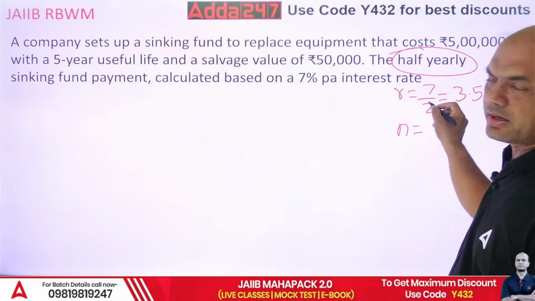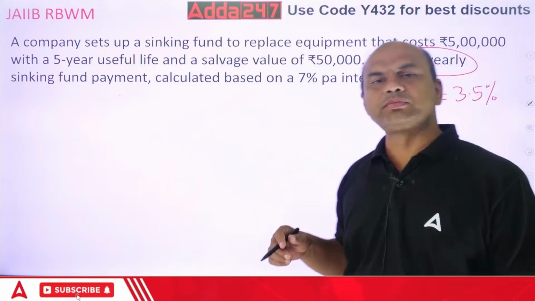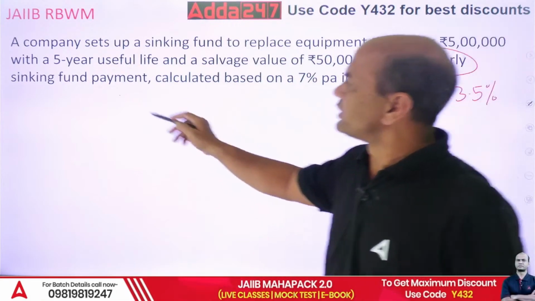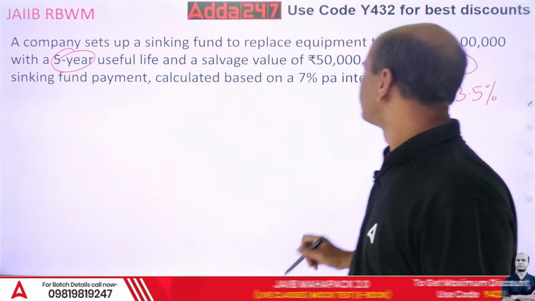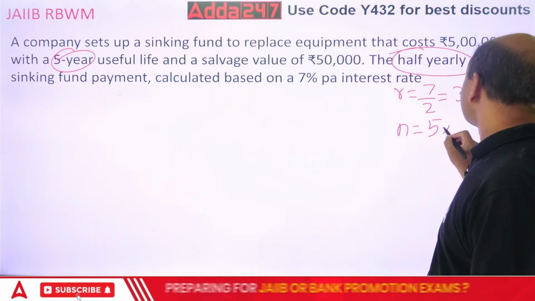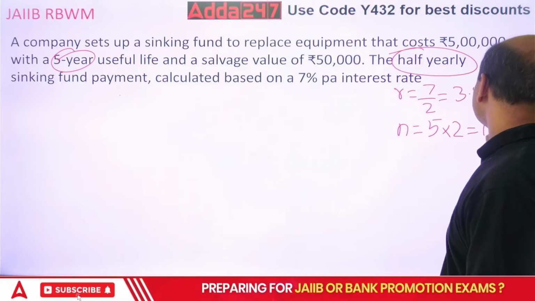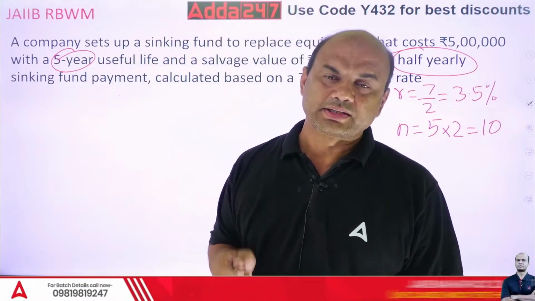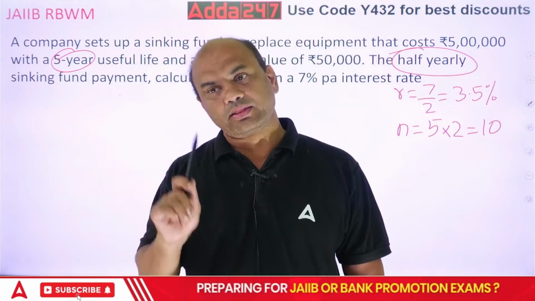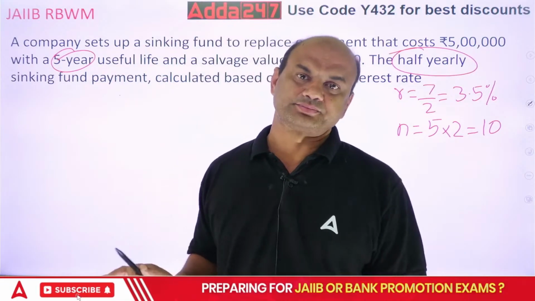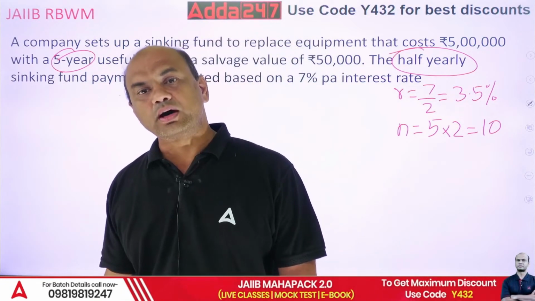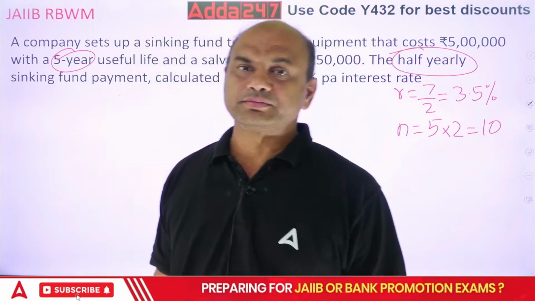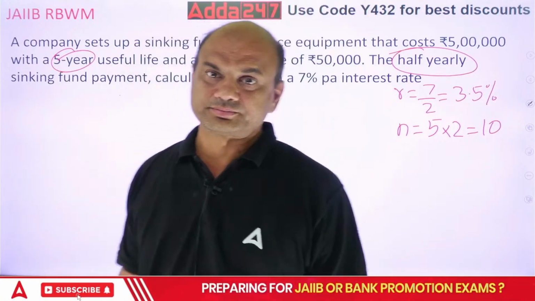Whatever number you divide R by, same number you multiply to N. N given is 5 years useful life, so N equals 5 into 2, which is 10. Never forget this basic. Clear, everyone?